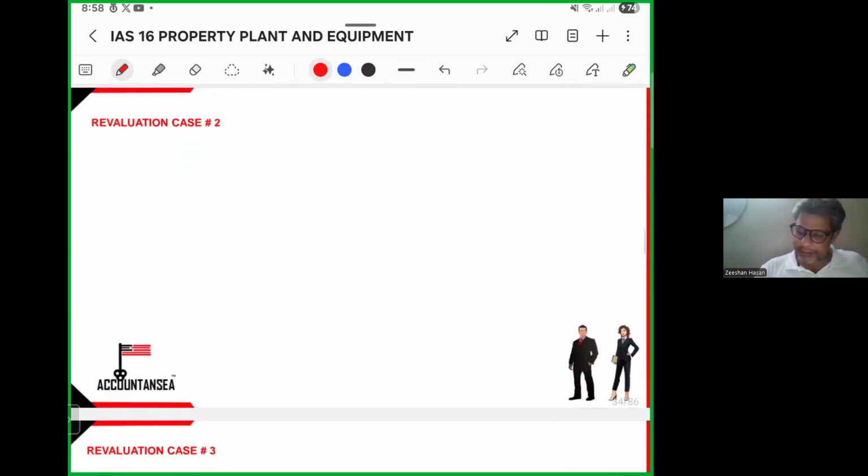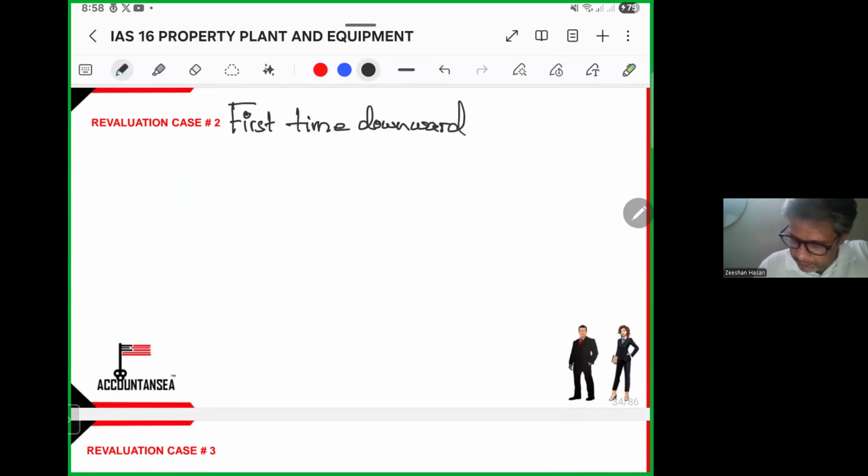Then we have the second case: first time downward. So in year zero, the asset value is 1,000.